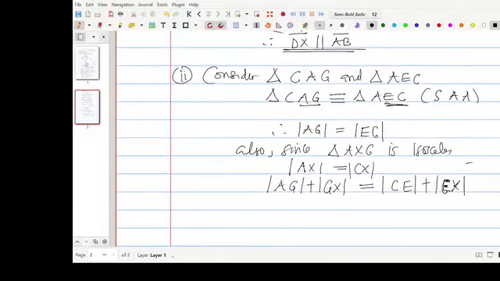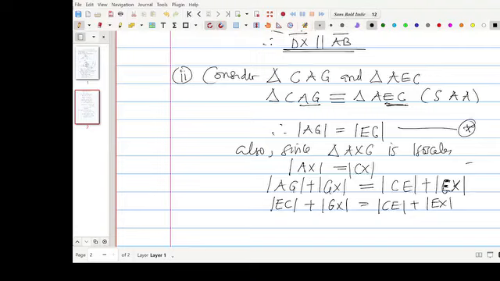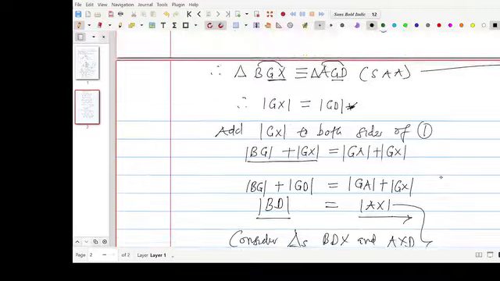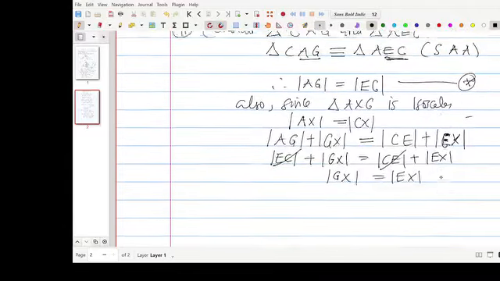So that's what you are seeing over here. Now, don't forget, we've already established that AG is equal to EC over here. Look at it here. Can you see that? That means that in the place of AG, I can replace it with EC. Then plus GX equals to CE plus EX. All right? From whence this we cancel out with this. Then I'm left with GX equal EX. All right? So let's go back to the diagram and locate this. That is, we want to locate GX and EX.